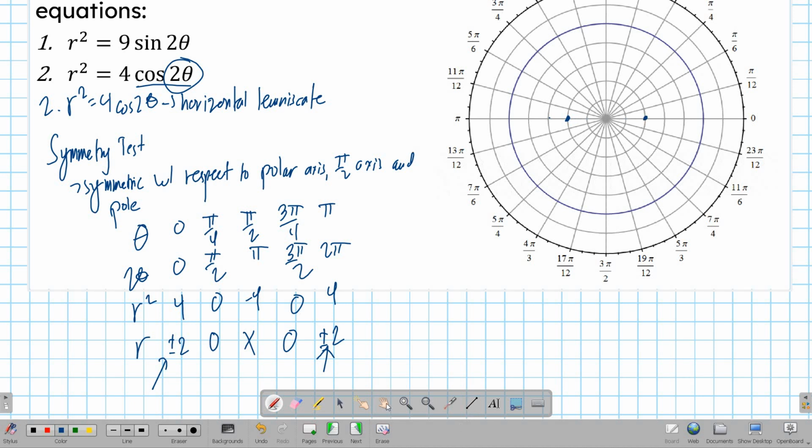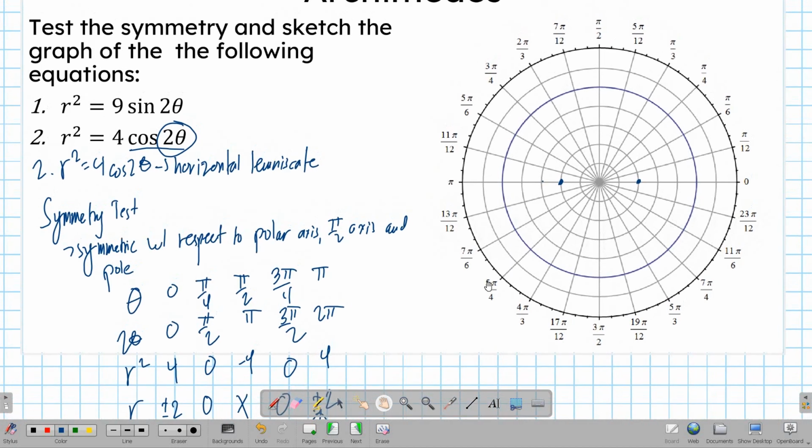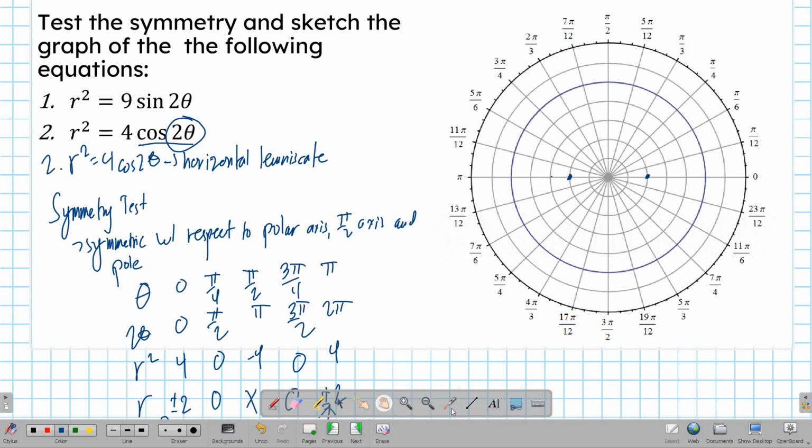So, let's just draw again our polar axis, pi over 2 axis.